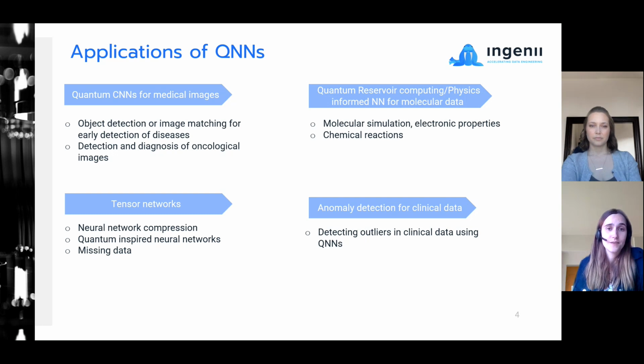And finally, we also discussed anomaly detection for clinical data, which means detecting outliers within clinical data sets using quantum neural networks. So these are the high level use cases that we started the discussion with. And now we would like to introduce the use cases that we discovered in our roundtable.